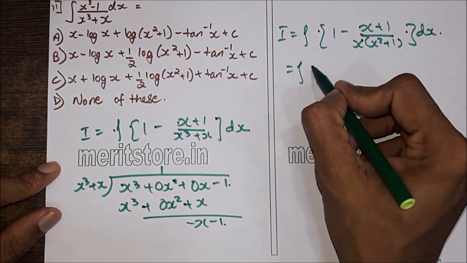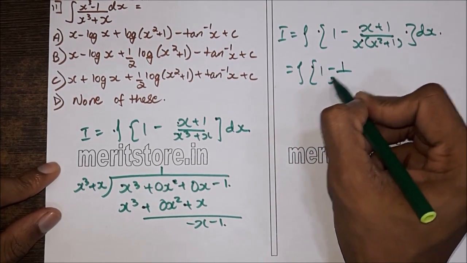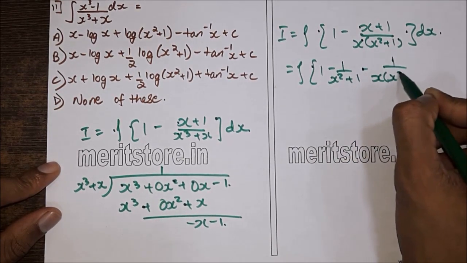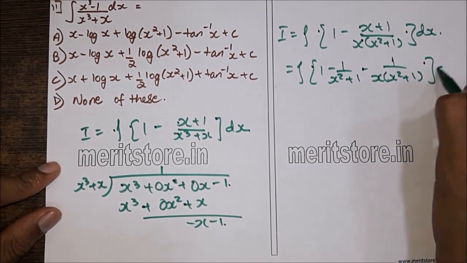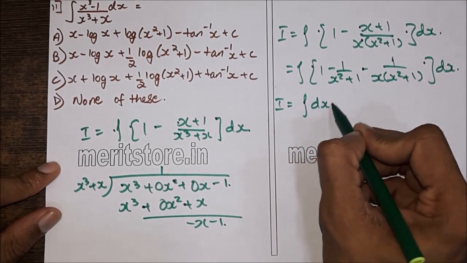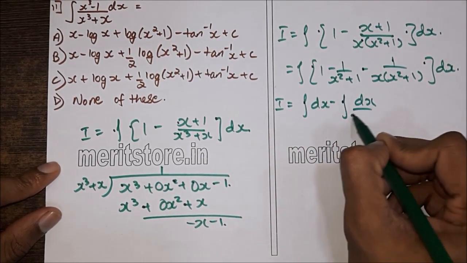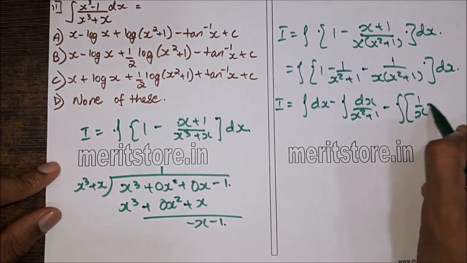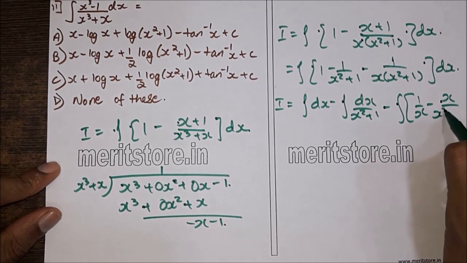We get integral of 1 minus 1 upon x square plus 1 minus 1 upon x minus x upon x square plus 1 dx. Further, we can write this as I equal to integral of dx minus dx upon x square plus 1 minus integral of 1 upon x minus x upon x square plus 1 dx.